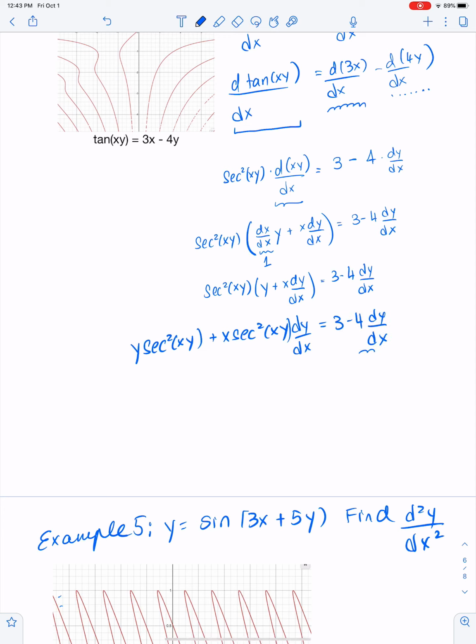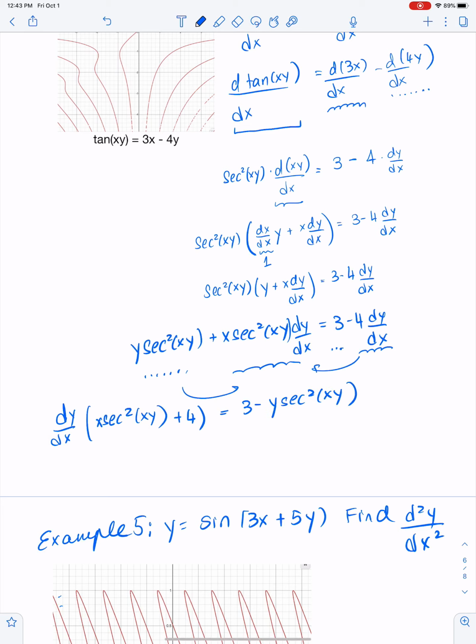Obviously this one and this one are the dy dx terms, and this one and this one are not, so bring that over to the right, and you will have just dy dx times x secant squared xy plus 4 equals 3 minus y secant squared xy.